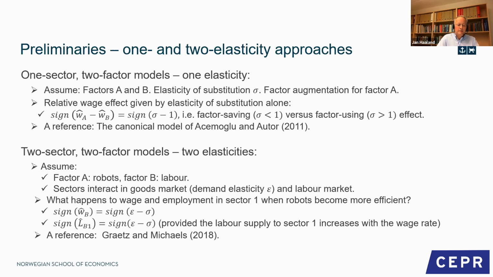So the sign of the wage effect and the sign of the employment effect in the sector in question would typically depend on whether the elasticity of substitution is larger or smaller than the elasticity of demand.